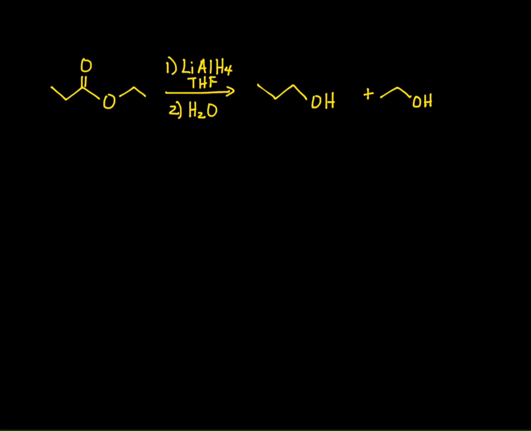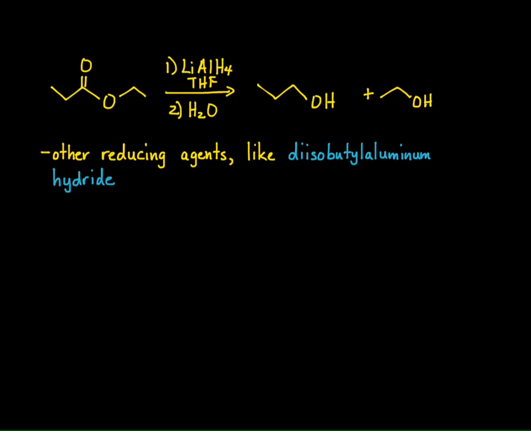And for esters, esters also have specific reagents that can do the same thing. So we can use reagents like diisobutyl aluminum hydride. Diisobutyl aluminum hydride is often abbreviated DIBAL-H. So typically we say DIBAL. Whenever you hear the term DIBAL, it's a reducing agent.